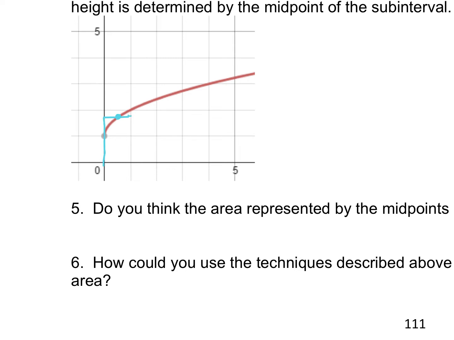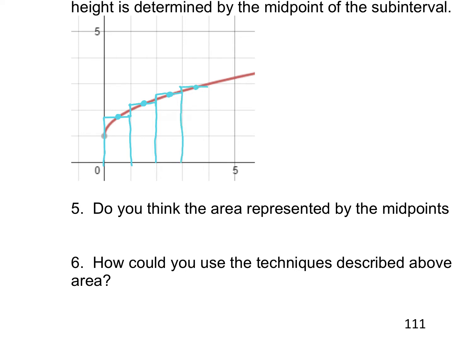It's the x midpoint, not the y. Then my second one is going to go through the midpoint right here. And our third one will go through the midpoint on the third one, and same with the fourth one.